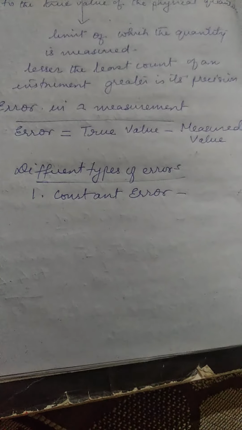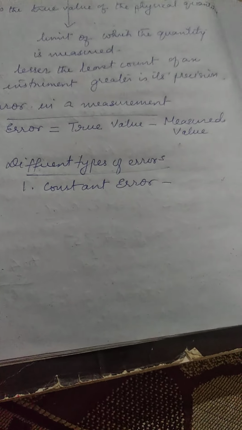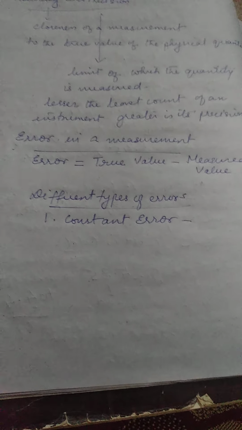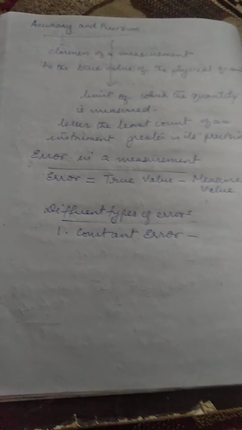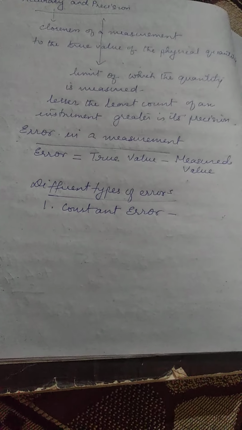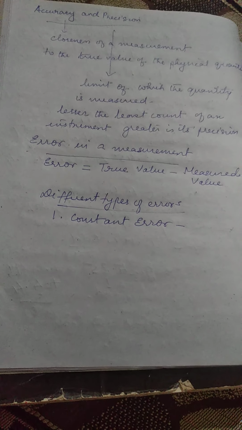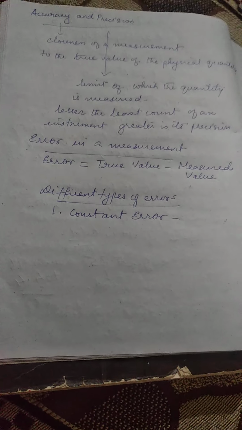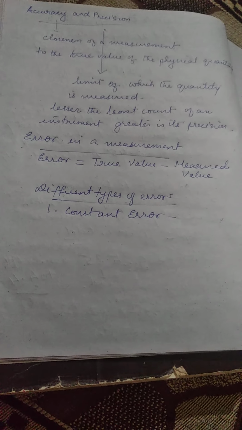Suppose you have a thermometer giving you a temperature of 95 degree for a body when its temperature actually is 90 degree. That means it is giving you an error of 5 degree.